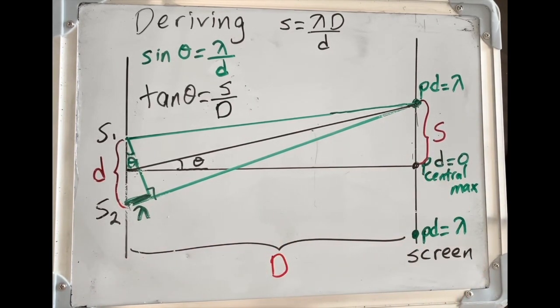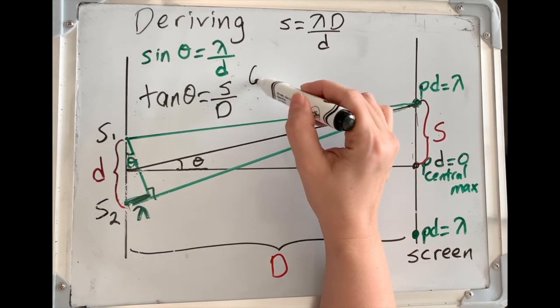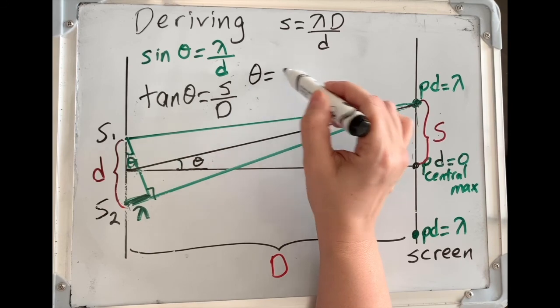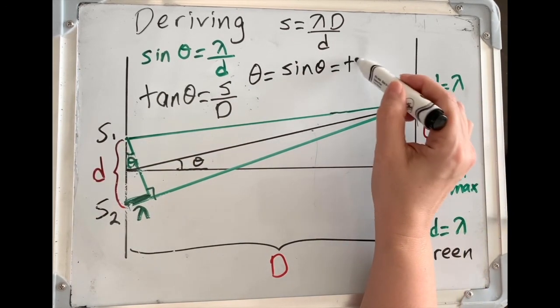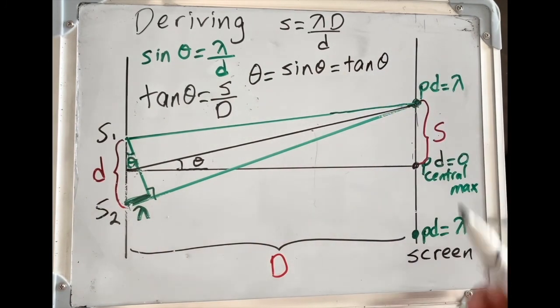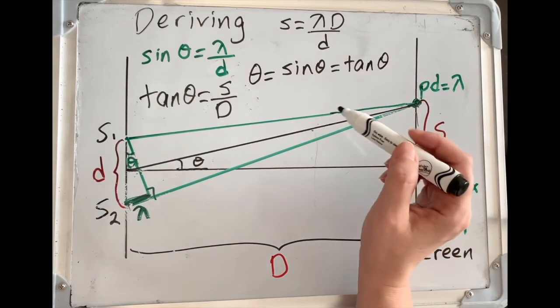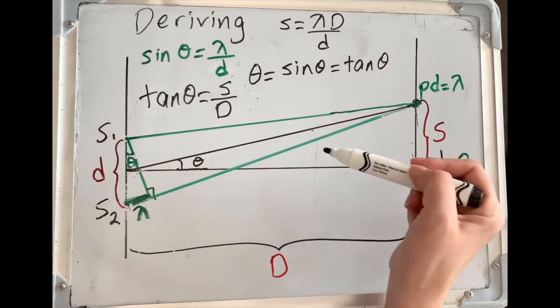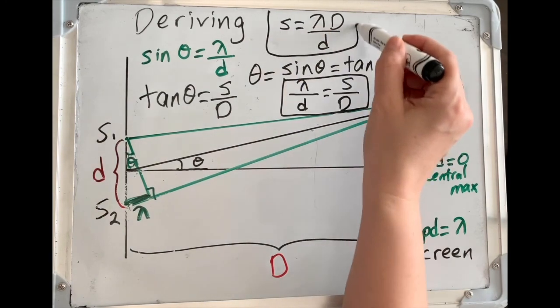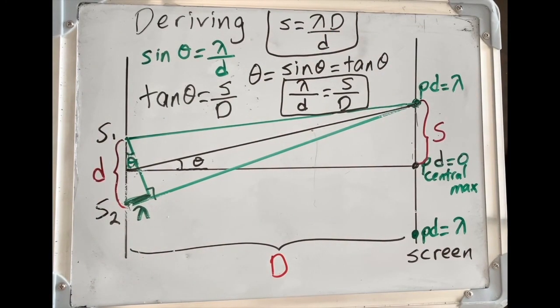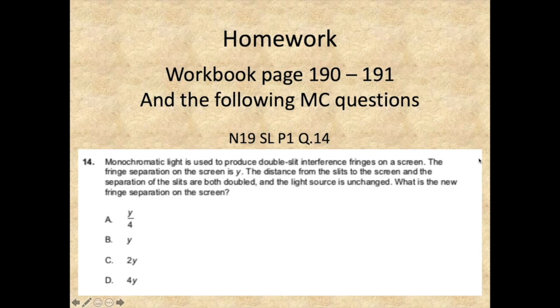It happens to be tangent theta equals s over capital D. Due to the small angle approximation, we know the angle is equal to the sine of the angle, also equal to the tangent of the angle. So using the expressions we wrote before, if you rearrange this, you will find that relationship as given in the data booklet.